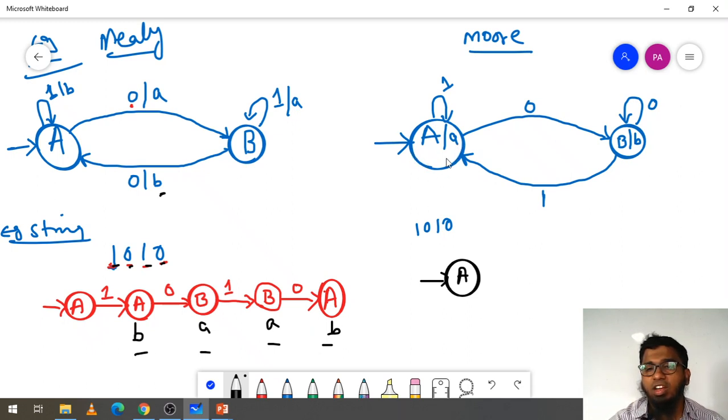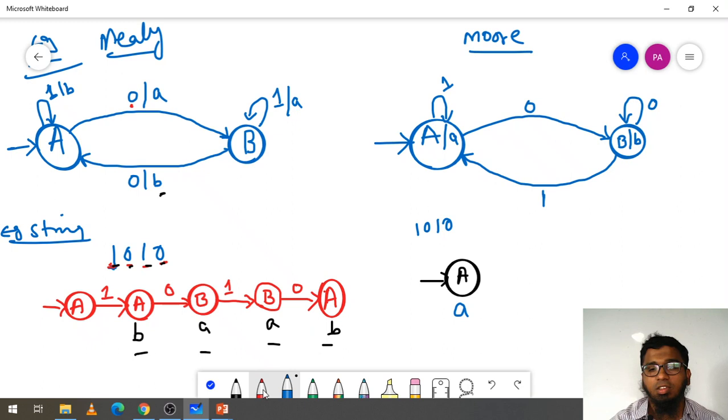So whenever we take this state, at that time we need to take the output. So what is the output we are getting here? We are getting the output A.